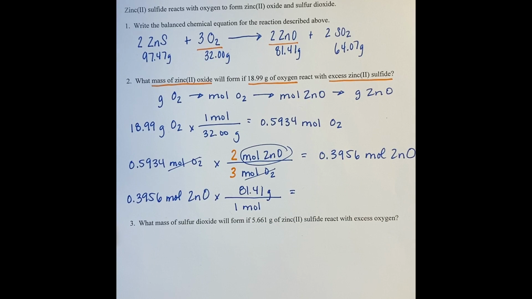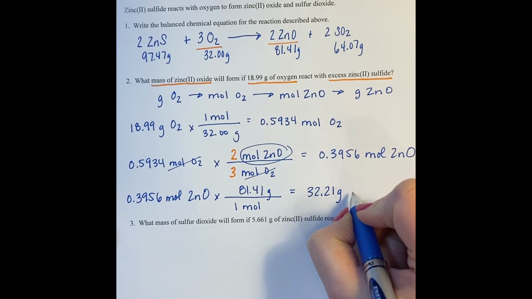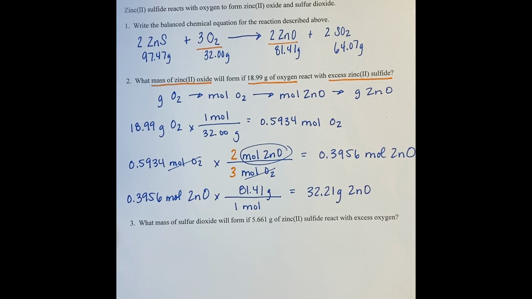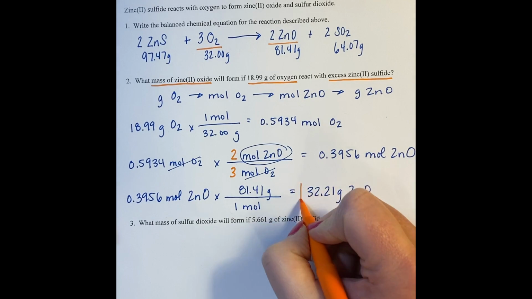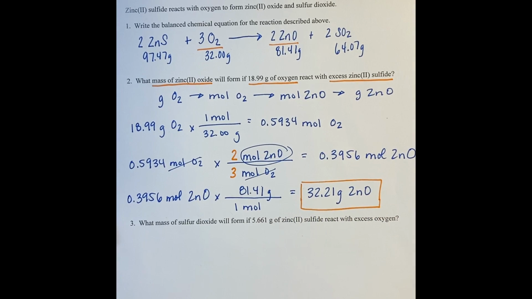When I do that conversion, I get an answer of 32.21 grams of zinc oxide, and that's my final answer. That's the final answer that I get for that particular question.